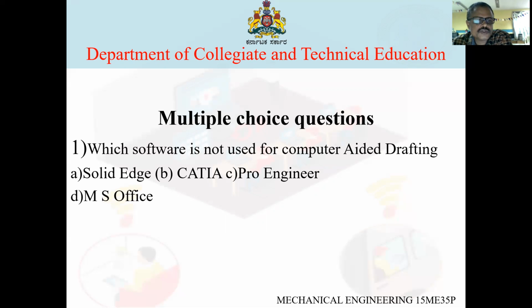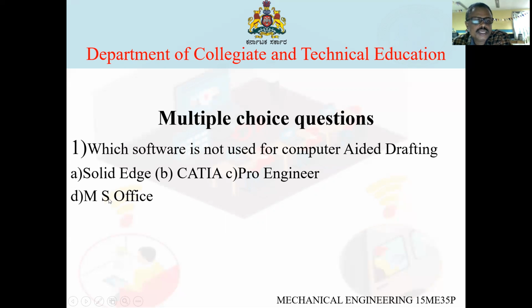So the first three softwares, Solid Edge, CATIA, and Pro Engineer, are used for computer aided drafting and design purpose. The question is, which is not used? So the obvious answer is MS Office.